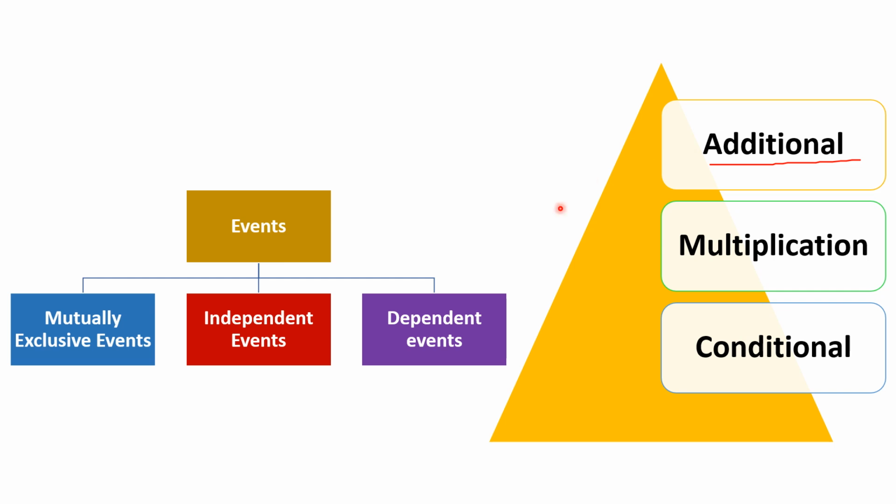We learned that for such events the addition theorem becomes probability of A union B equals probability of A plus probability of B. And the multiplication theorem also applies to independent events.